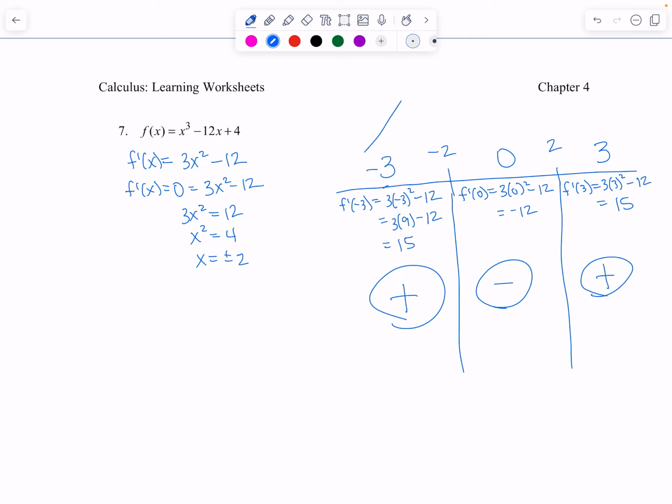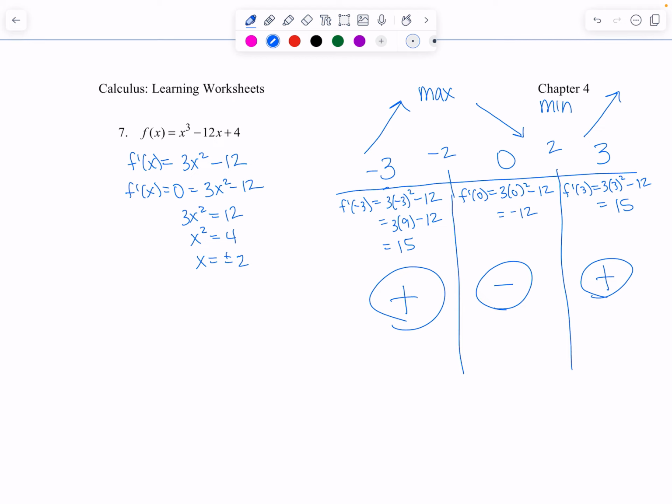So we have increasing to decreasing to increasing, max, min. Let's find the values of these before we graph them. So f of negative 2 will give us negative 2 cubed minus 12 times negative 2 plus 4.